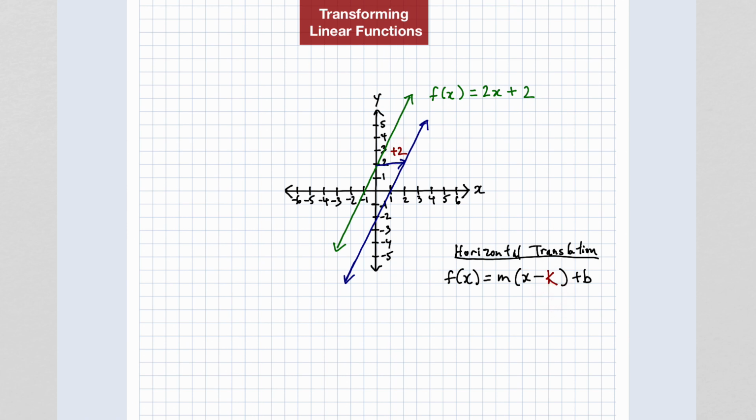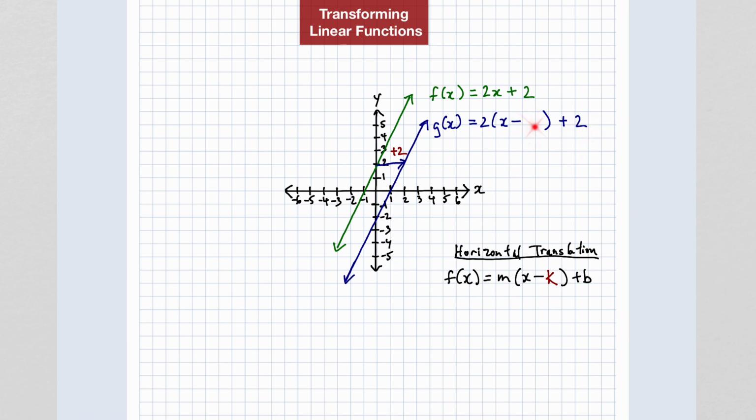Okay, so let's go ahead and write that in. Our new function would be g of x equal to 2 times x minus, I'm going to put a space there for now, plus 2. Okay, so you see that my slope from f of x is brought down to g of x. My y-intercept from f of x is brought down to g of x.